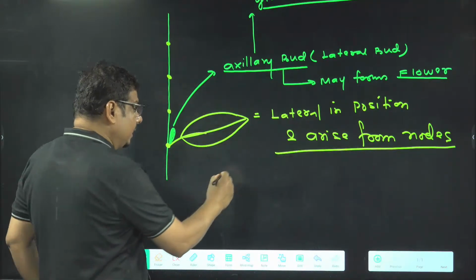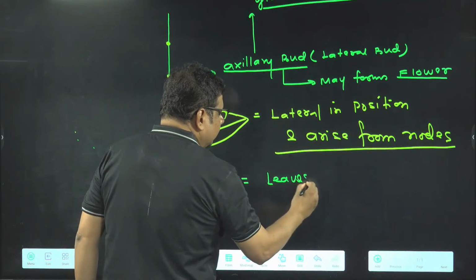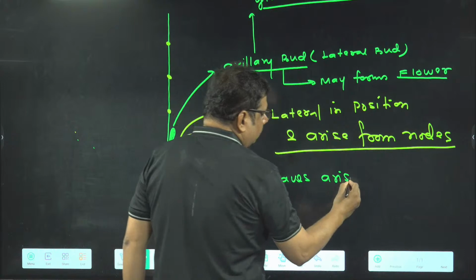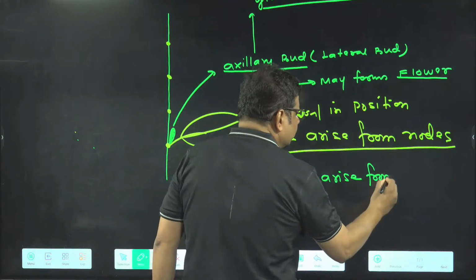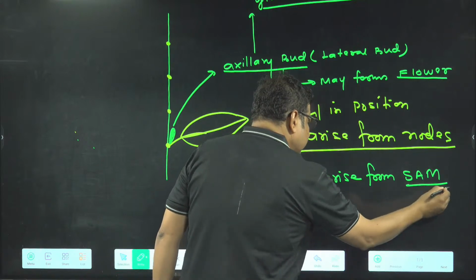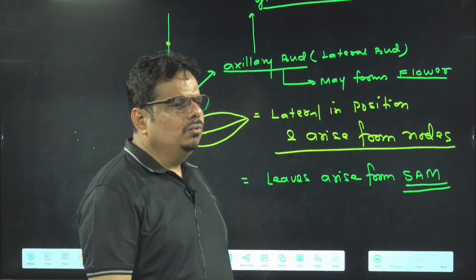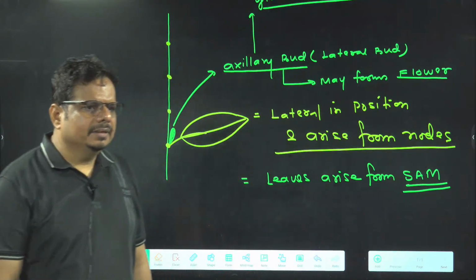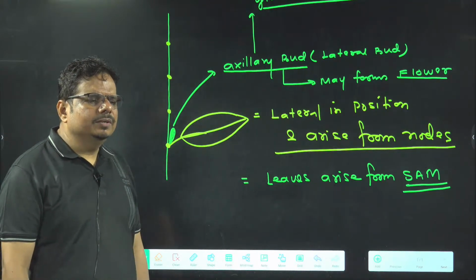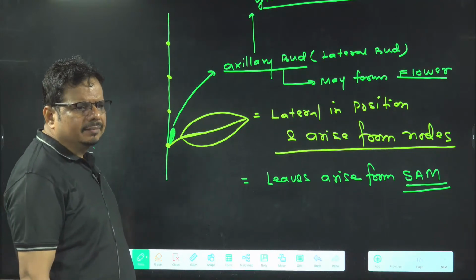So NCERT line is there: leaves arise from SAM. From here, SAM, shoot apical meristem. Getting the idea? It arises from shoot apical meristem. Is it clear in the mind?